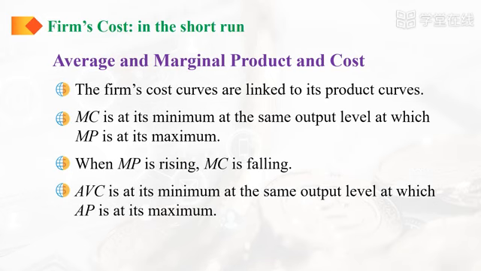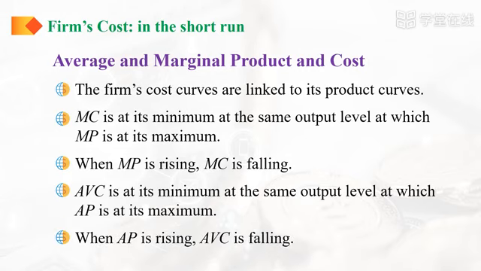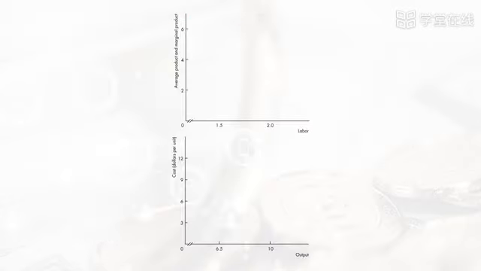Average variable cost is at its minimum at the same output level at which average product is at its maximum. When average product is rising, average variable cost is falling. The figure shows these relationships.